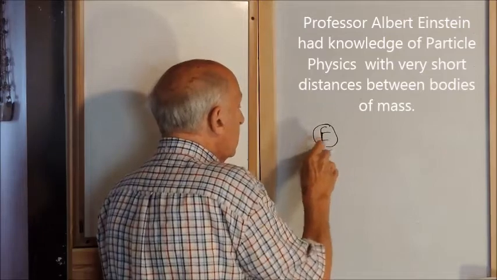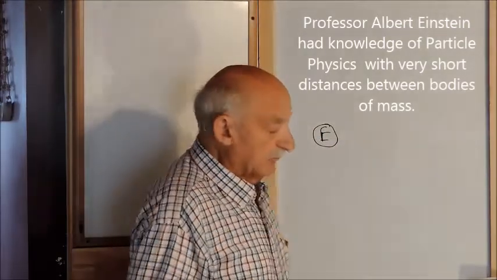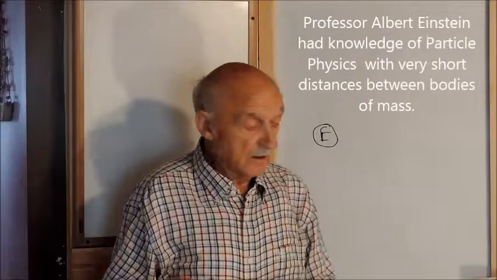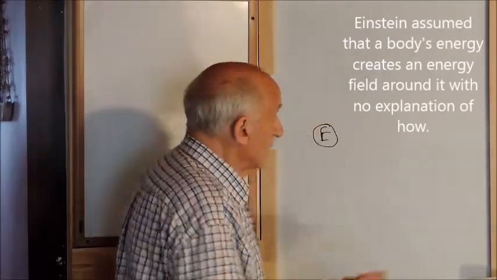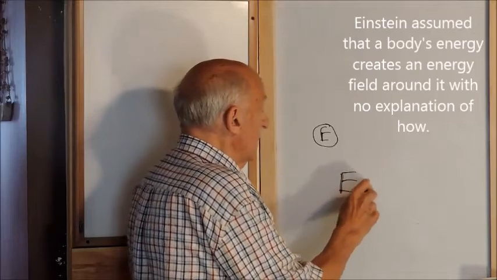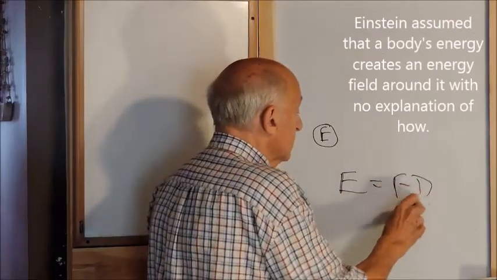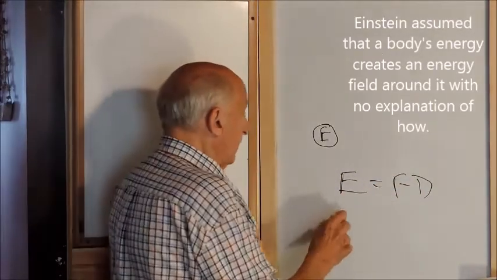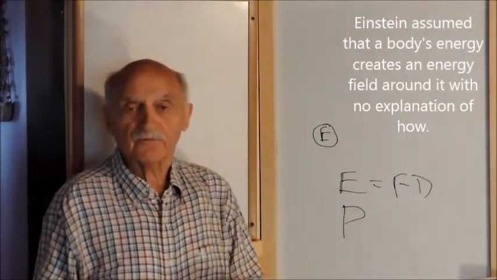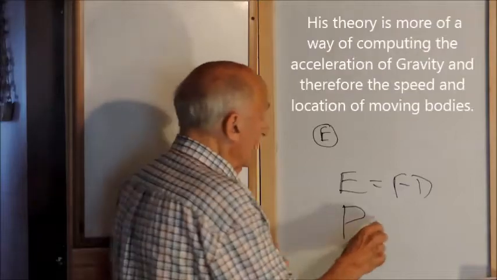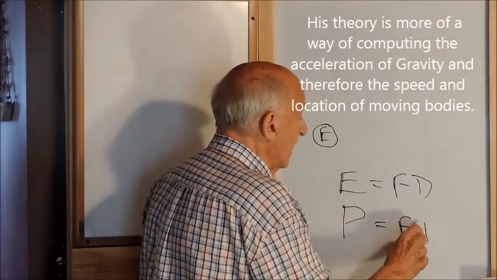If that's the Earth, then because of this momentum, oh, I should point this out, I forgot to do so earlier, that when I was describing that energy is equal to force times distance, I should point out that P, which stands not for potential, P stands for momentum, is equal to force times time.